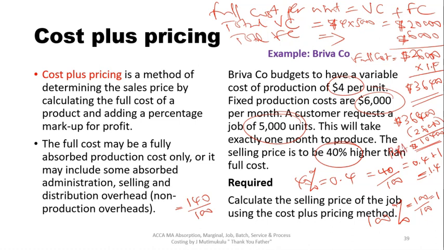So from this question, we can see that 40% is actually the profit. Let us prove if 40% is the profit. We have discovered that the profit is 10,400.